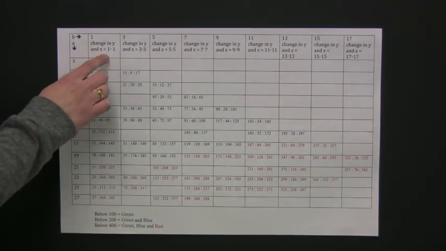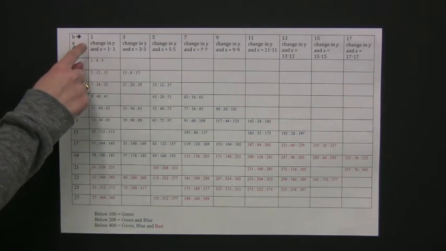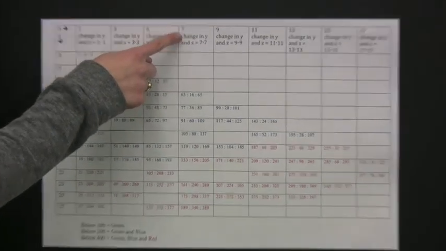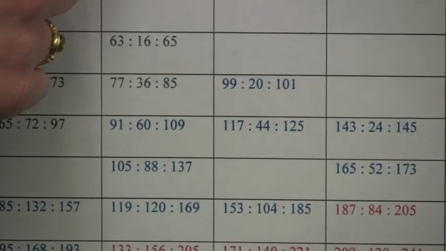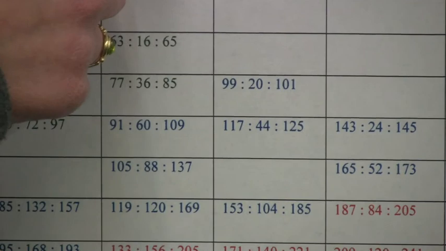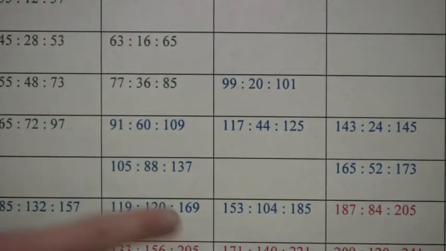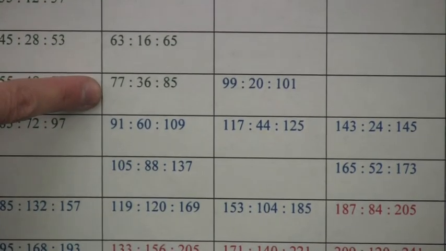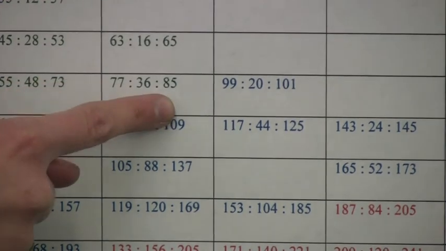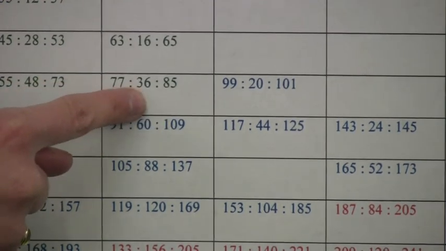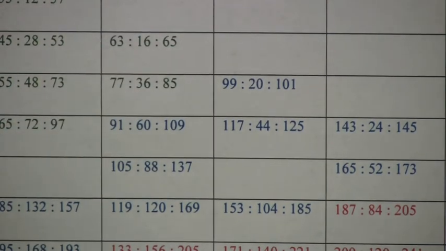Y over z is equal to b times b. As you can see in column 7, the difference between z and y should be 7 times 7, or 49. Now let's look at this one, 77, 36, 85. As you can see, 85 minus 36 is in fact 49.